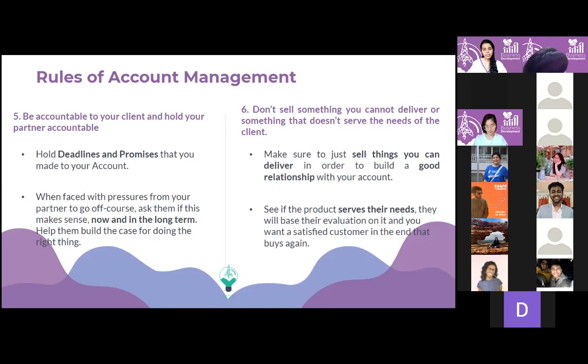So you can do that and make sure that it's not just you who is holding up to your end, and hold people accountable. And when faced with pressure from your partner to go off course, sometimes, and I know most of you will relate, there might be times that a partner asks for something that is not directly concerning Isaac, or doesn't really reflect Isaac.